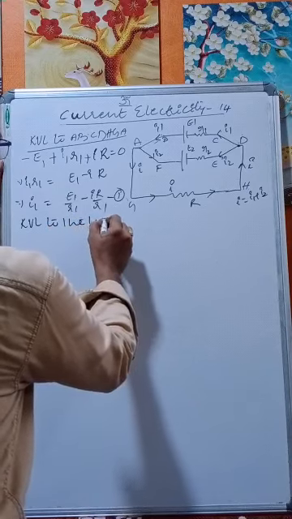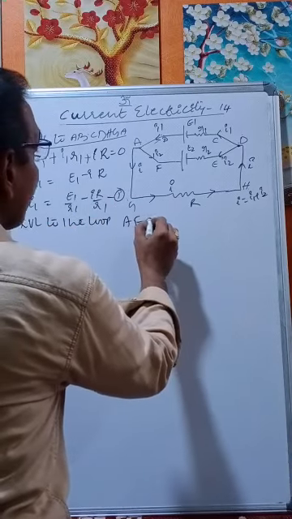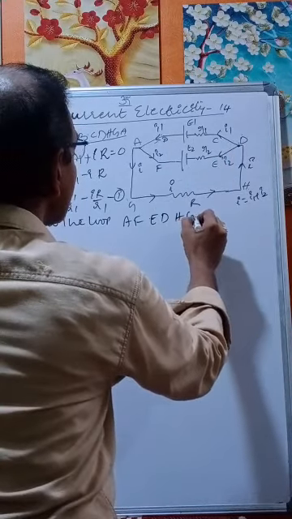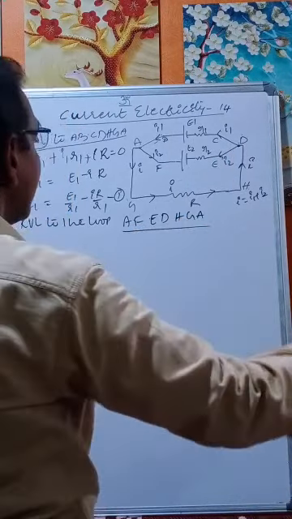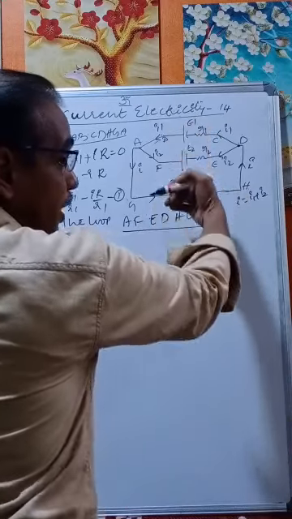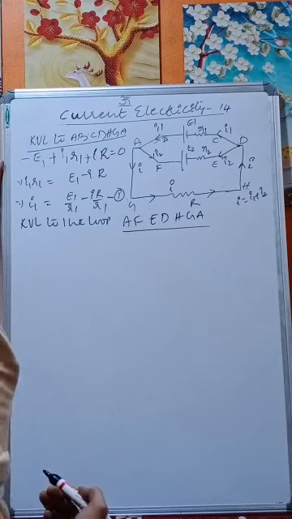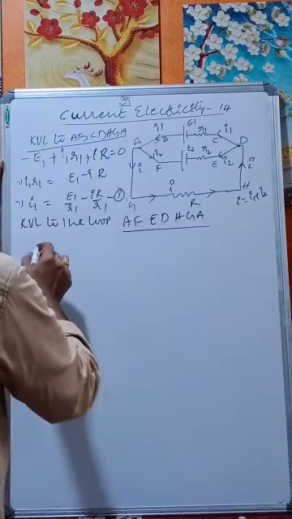Now apply KVL to the loop AFED, HGA. We took the upper loop before; now take the lower loop, AFEDHGA.